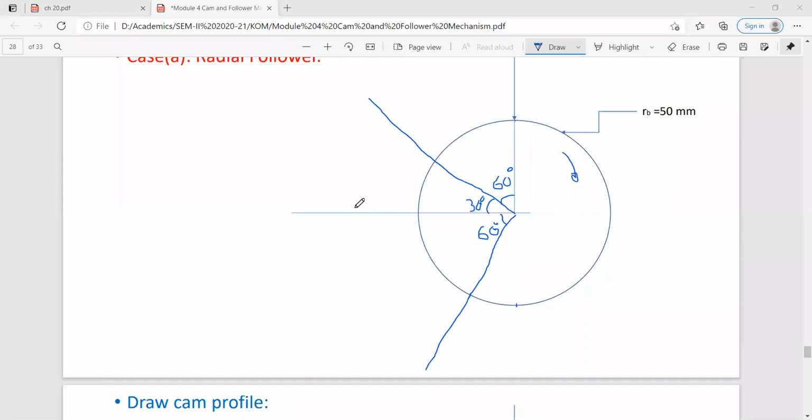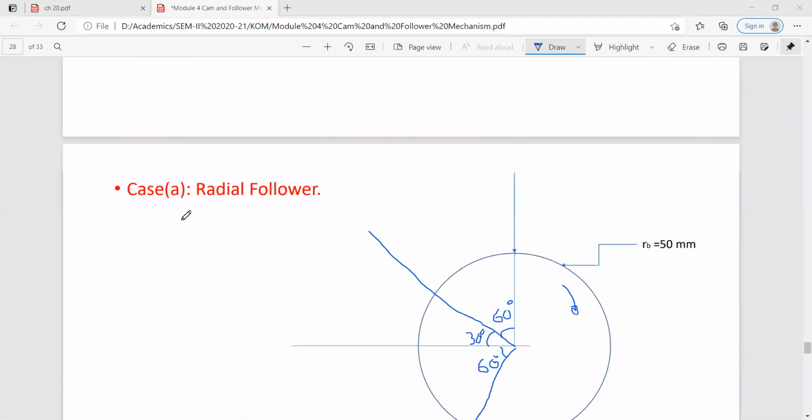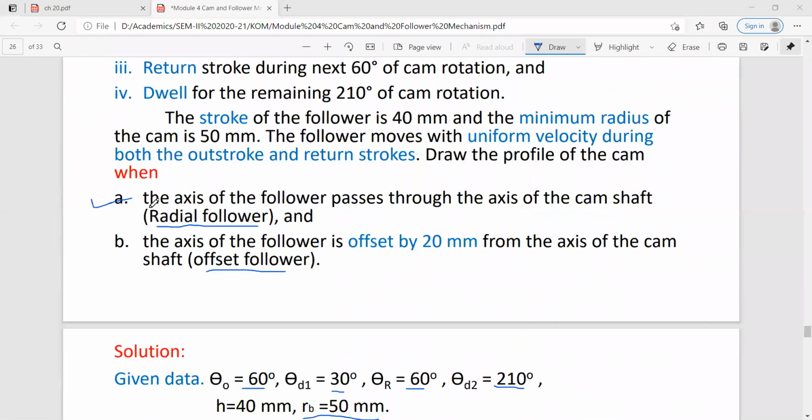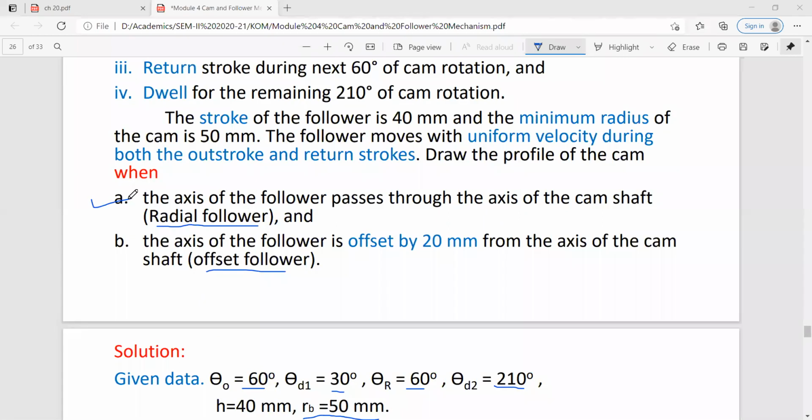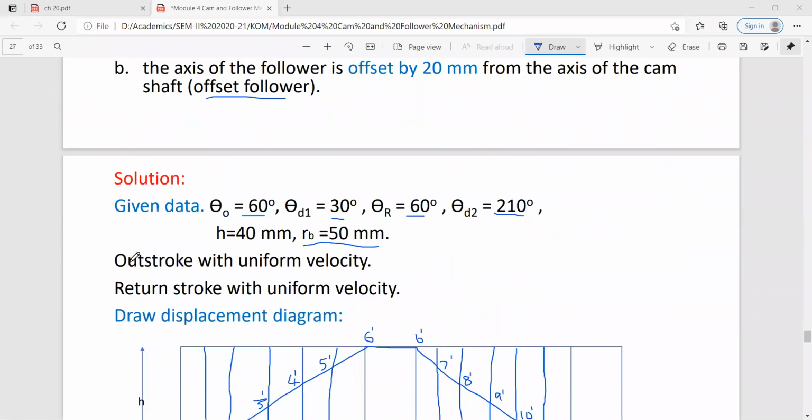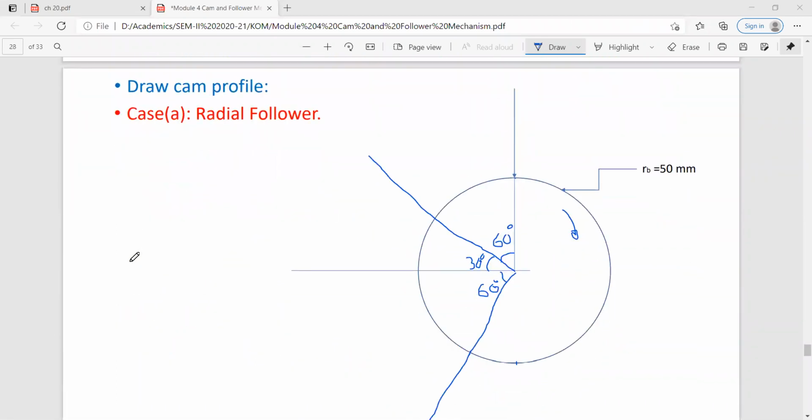If more space is available, then we can solve the second case also, on the offset follower. So one problem has two cases, one is for the radial follower and the other is for the offset follower. We can also draw on the same drawing sheet, or you can use the back side of the drawing sheet. Okay, sir.